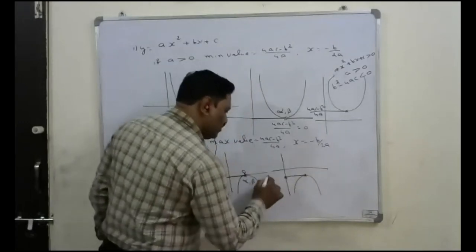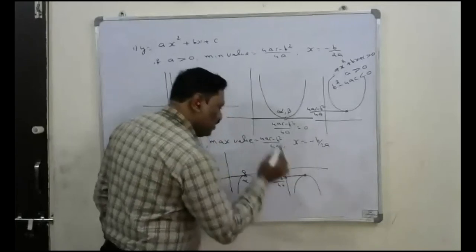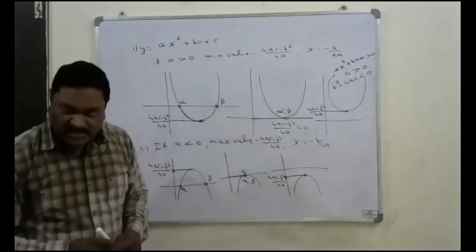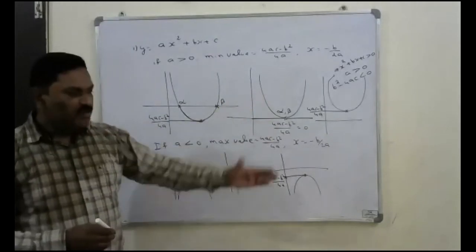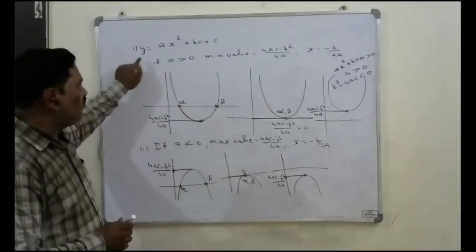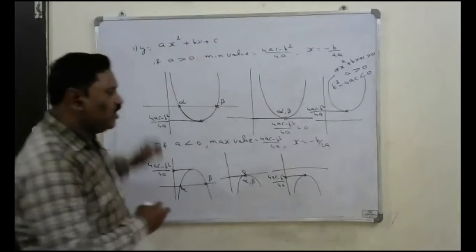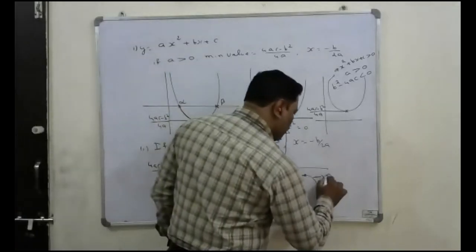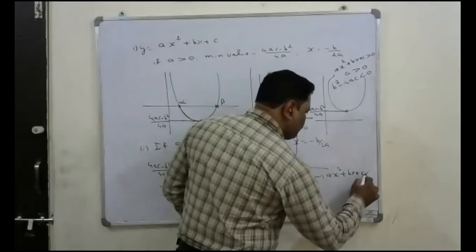Yes, this is a negative sign, no? 4ac minus b square by 4a. If the maximum value has a negative sign, the entire graph lies below the x-axis. If it lies below the x-axis, that means y is equal to ax square plus bx plus c, and this y is negative, which means ax square plus bx plus c is negative.